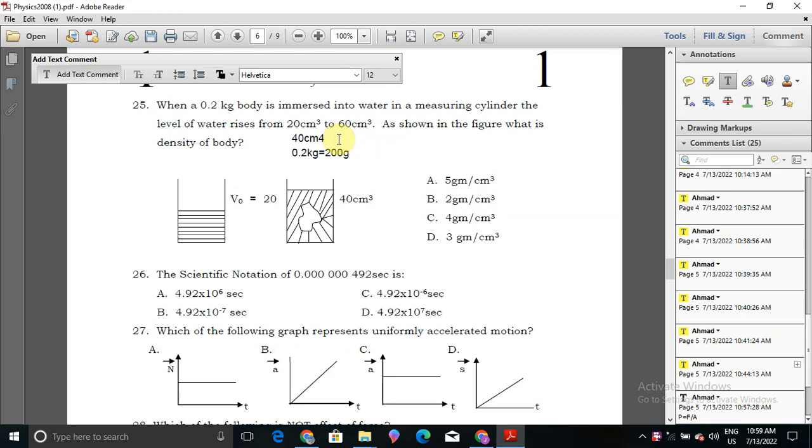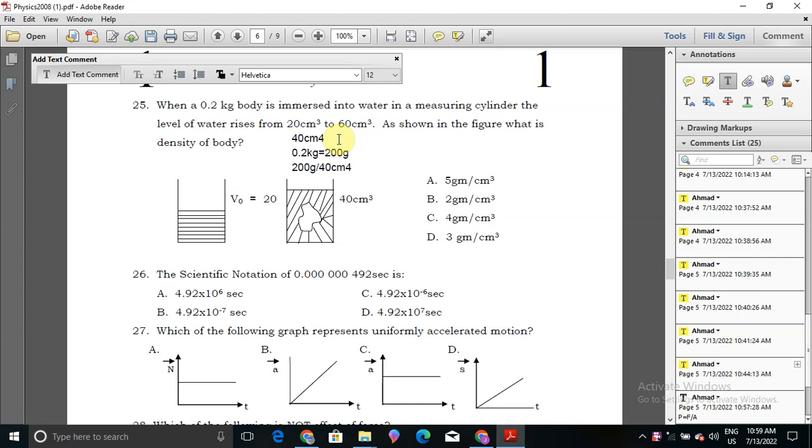Now we have the gram and we have the centimeter cube, so we will make 200 gram divided by 40 centimeter cube.